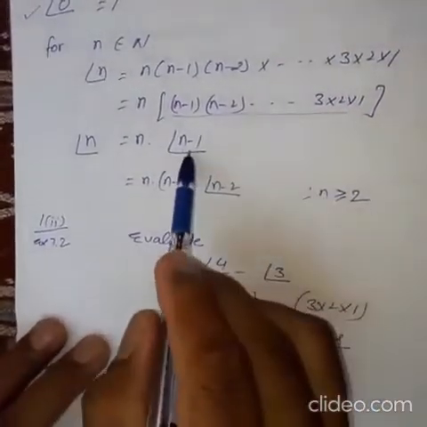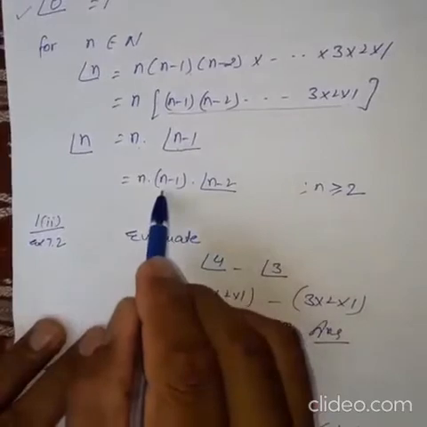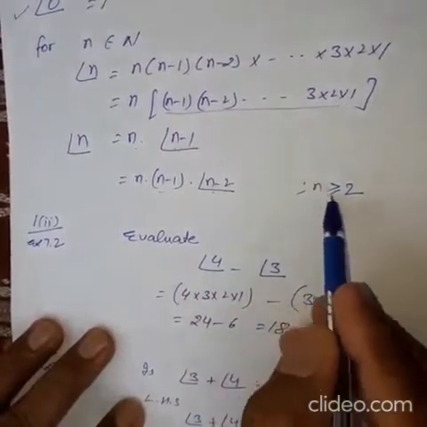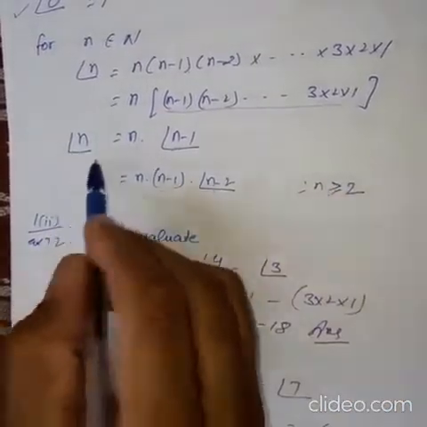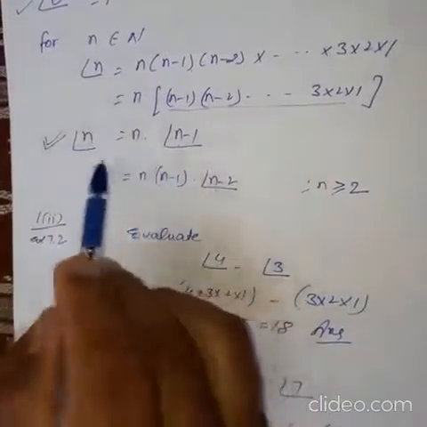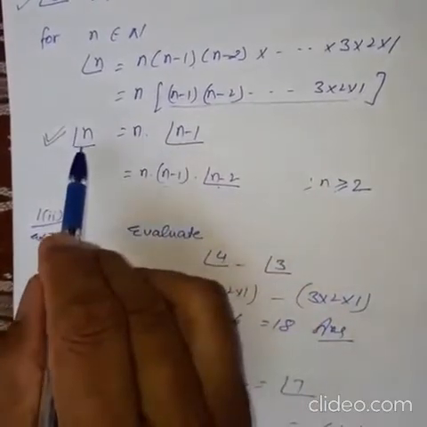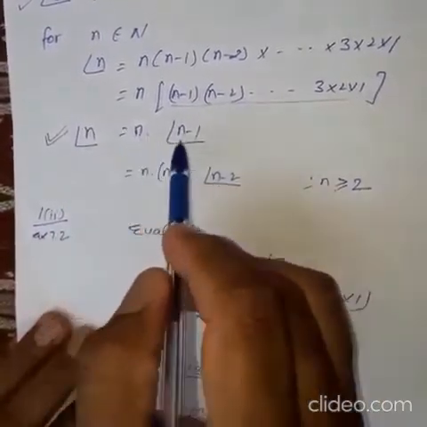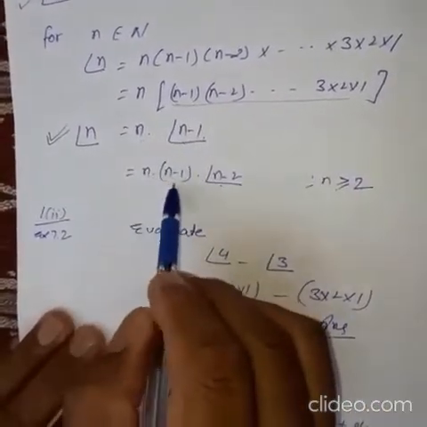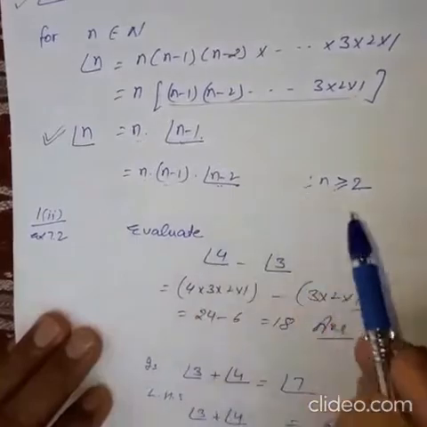Further, n minus 1 factorial can be written as n minus 1 into n minus 2 factorial. For this, the value of n should be greater than 2. These are very important results that will be used in the questions. So n factorial can be written as n into n minus 1 factorial, and further as n into n minus 1 into n minus 2 factorial.